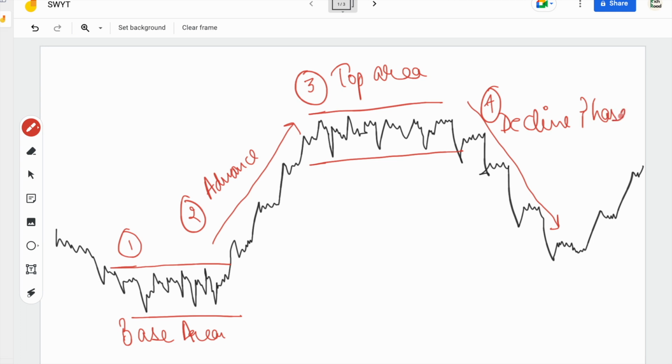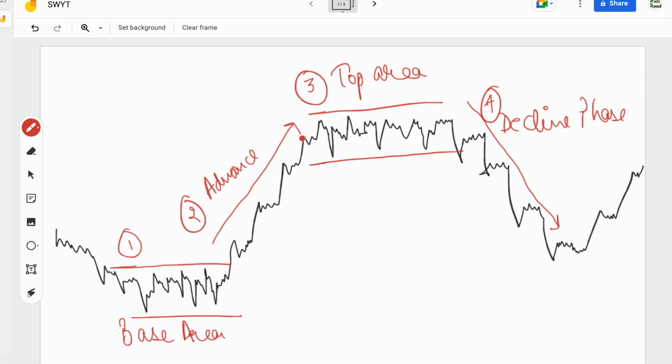In this entire series, this is the diagram we will be working upon, but not how the book tells you to. I'll tell you how to do it in my way. So see, what he said is that before the stock climbs up, there is always a base area before it. It could be big, it could be small. We'll go into the details. But there is a base area, after which there is an advance area.